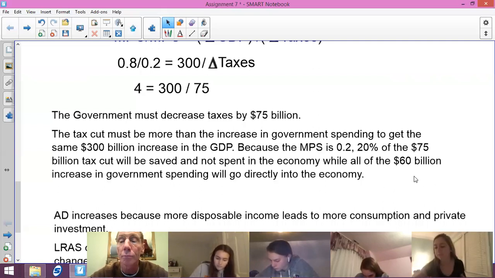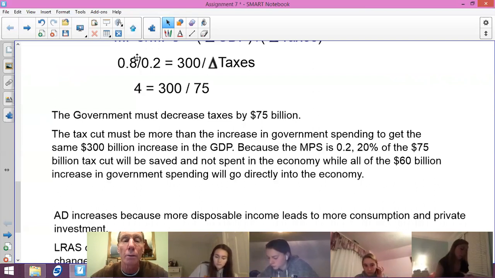Only 80% of the tax cut is going to be spent, because the marginal propensity to consume is only 0.8. Okay.